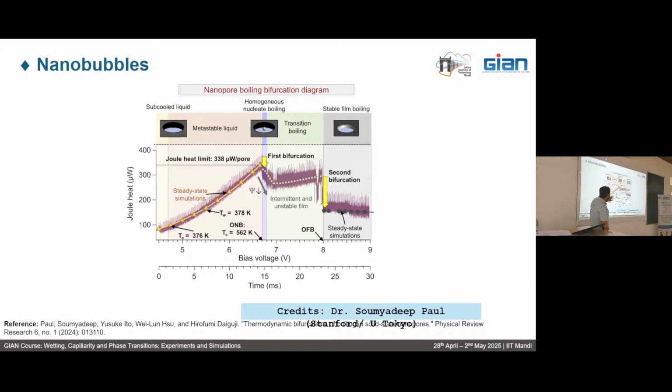He observed homogeneous nucleation happen even before the stable film or nucleation on the side walls of the nanopore takes place. So please go to his work. It is published in PRR, and it is on the thermodynamic bifurcation of bubbles inside a nanopore.